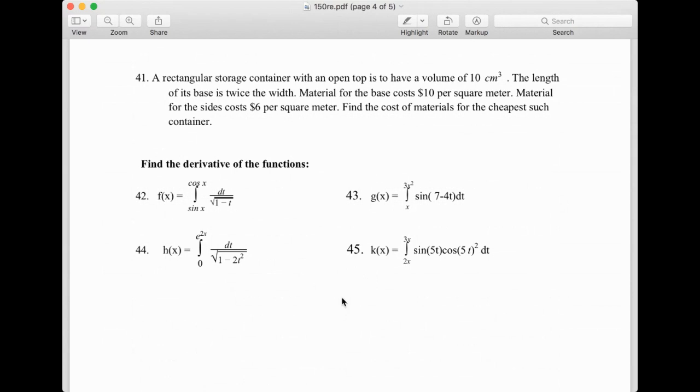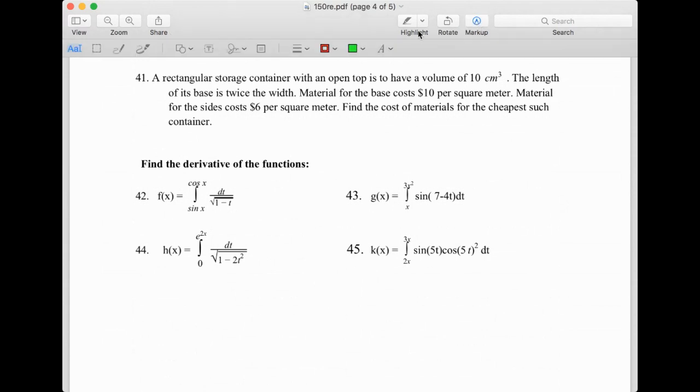Okay, 42, when we need to find a derivative, right? We want to use the first part of the fundamental theorem of calculus. Let me write here.